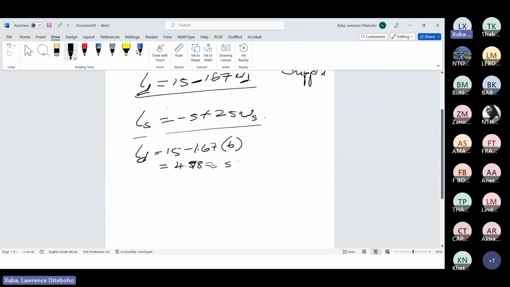Then we have LS equals negative 5 plus 2.5, open brackets, still using 6. Then we say negative 5 plus 2.5, open brackets, we have 6.